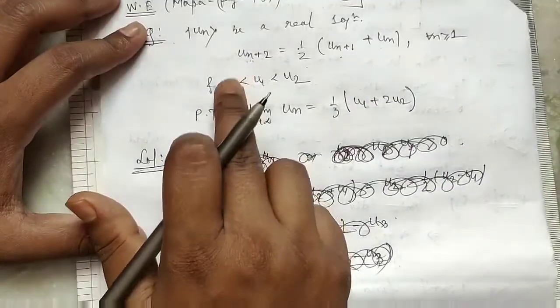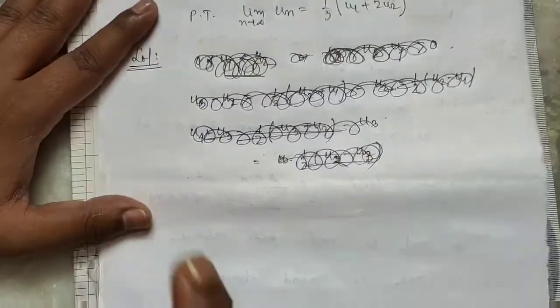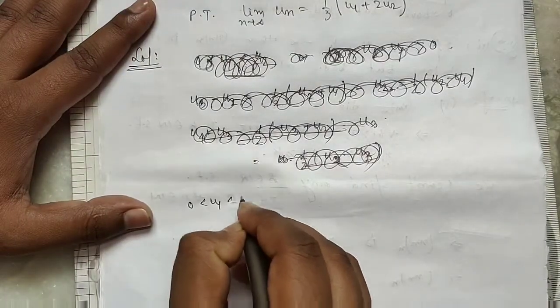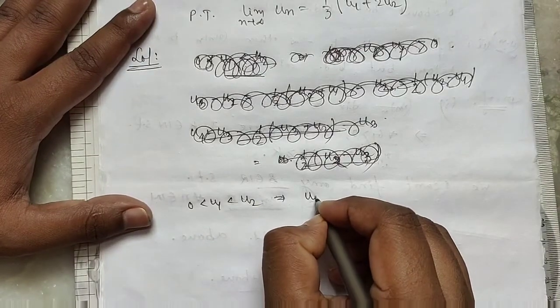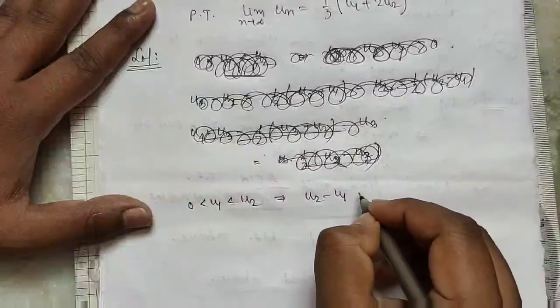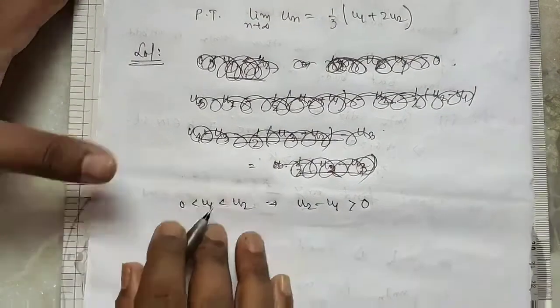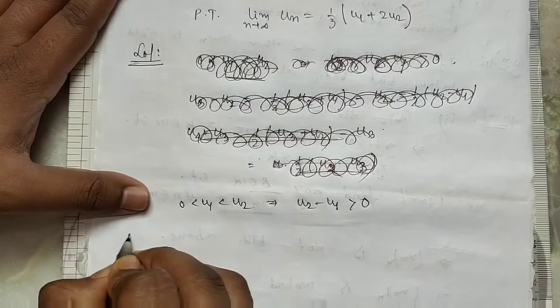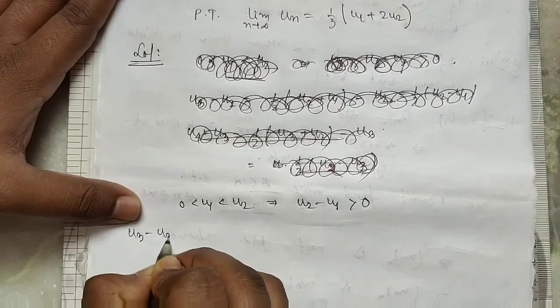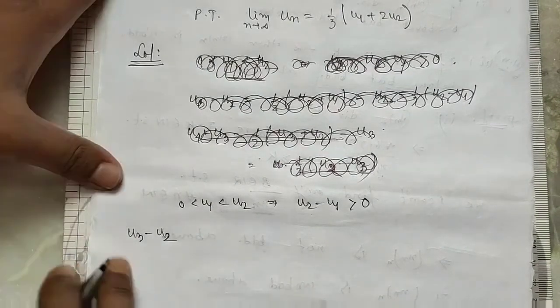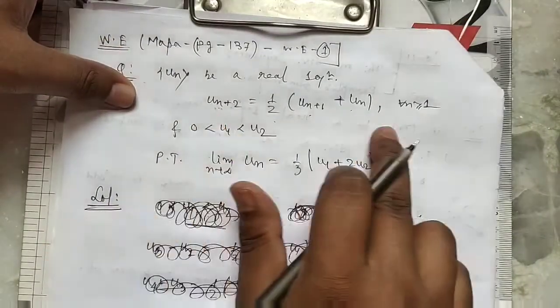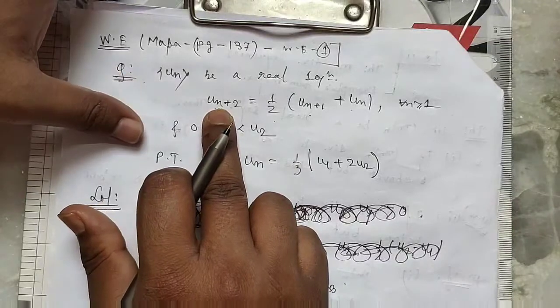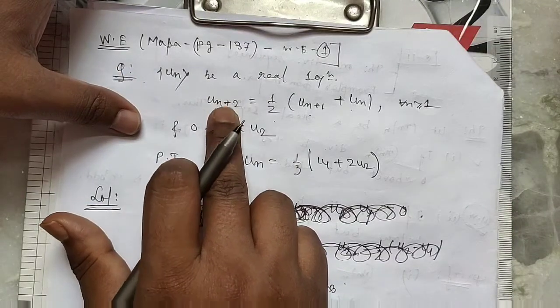Since 0 less than u1 less than u2, this implies u2 minus u1 is greater than 0. So now we find u3 minus u2. From this relation, putting n equal to 1, we get u3.